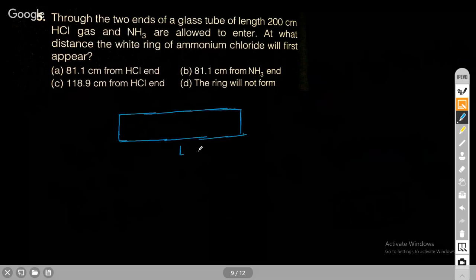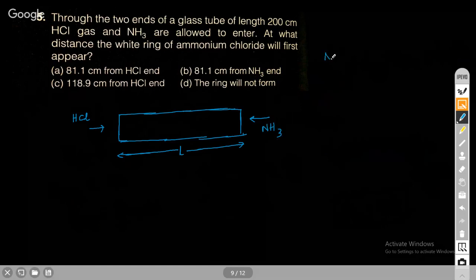This is the length we have. From one end, HCl is allowed to pass, and from the other end, NH3.